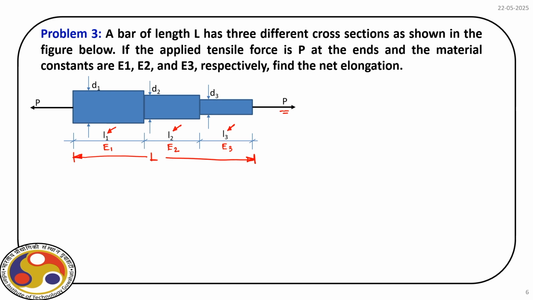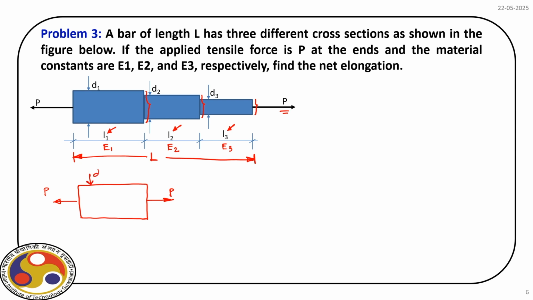Now, you can see we apply a force of P over this bar, and the assumption is this P is acting uniformly over the entire cross sections. This is an assumption, and for the time being let us assume that. So, the same P is acting at 3 different internal segments. For the first one, if I draw the free body diagram, we will have the same P applied at both ends.